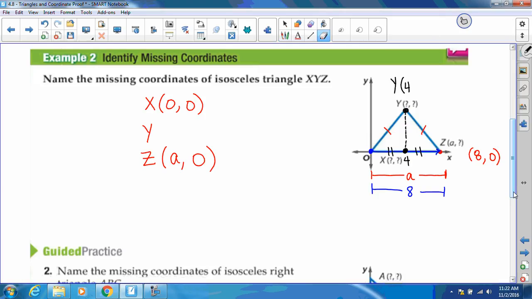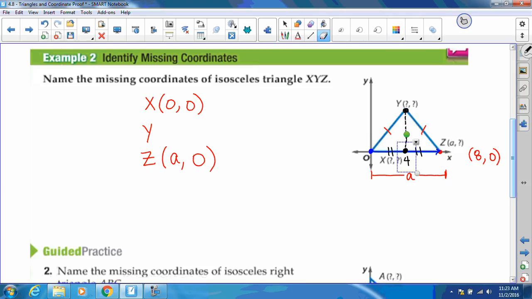If my base were, let's say 13, then the x coordinate of my vertex would be whatever half of that is, which would be 6.5. So I hope you're seeing that if you have an isosceles triangle, your vertex has to sit at the halfway mark of the length of your base.